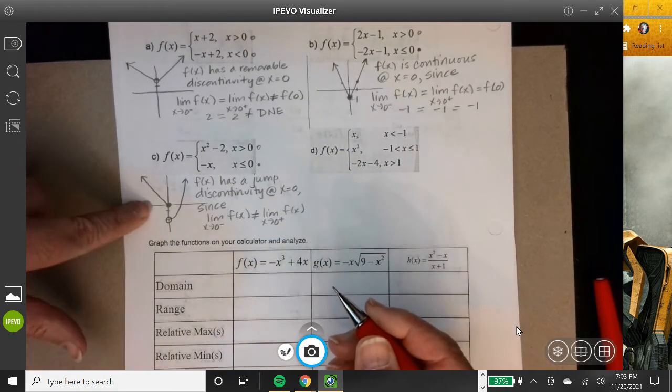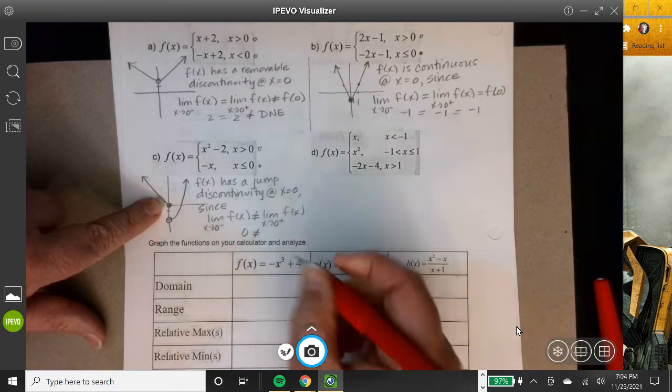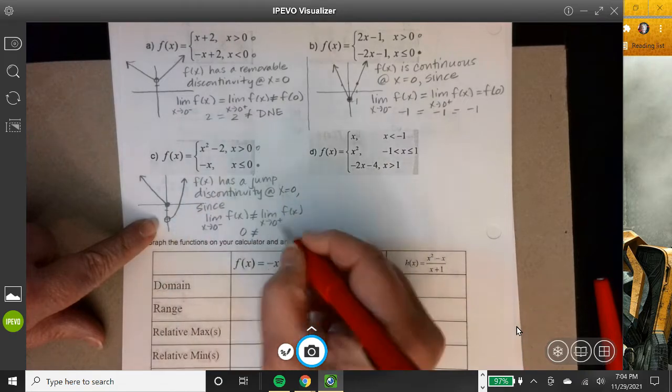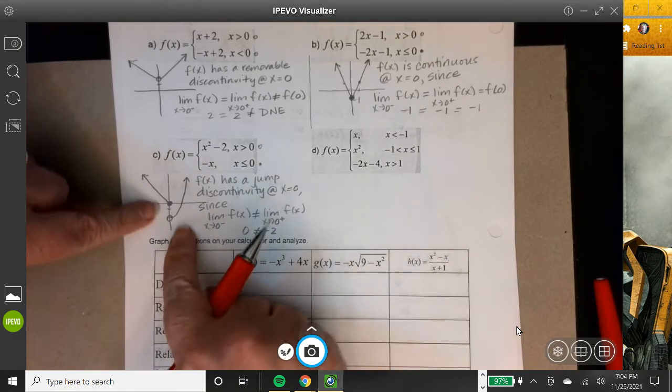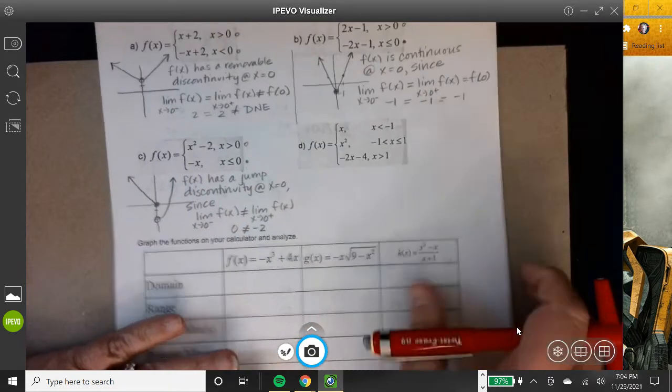So as x gets closer to 0 from the left side, I'm approaching 0, which is definitely not equal to the limit as x gets closer to 0 from the right side, which is -2, right? It doesn't even matter that this is not solid because I'm not approaching the same number from the left and the right, so I can't be continuous there.